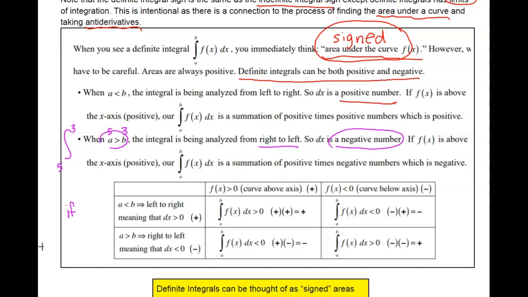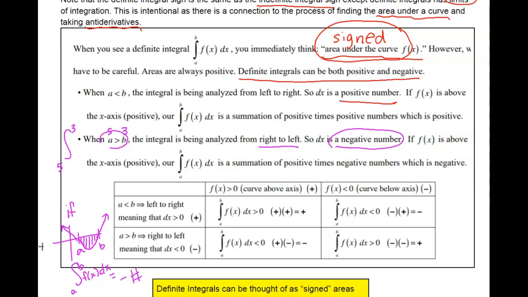If we had a graph, and let's say this is A and B, if our curve was under the axis and we want to integrate, then when we integrate, since our area is under the axis, we are going to also end up with a negative integral value, okay? Because we're using the area to get the value, and then we're interpreting it using the signed area to get the actual value of the answer, the sign of the answer, basically.